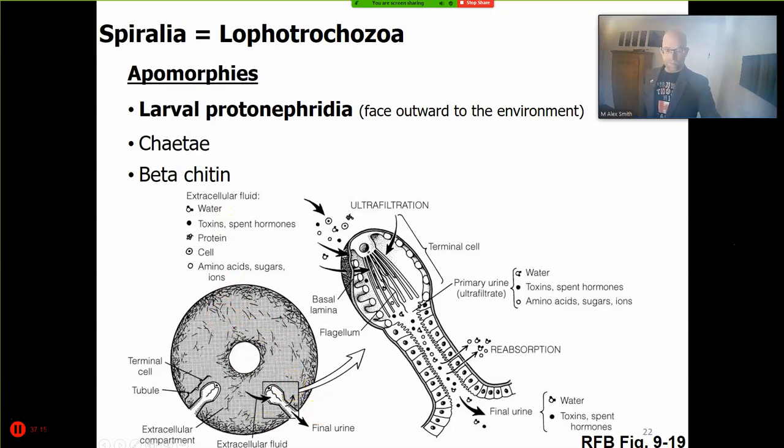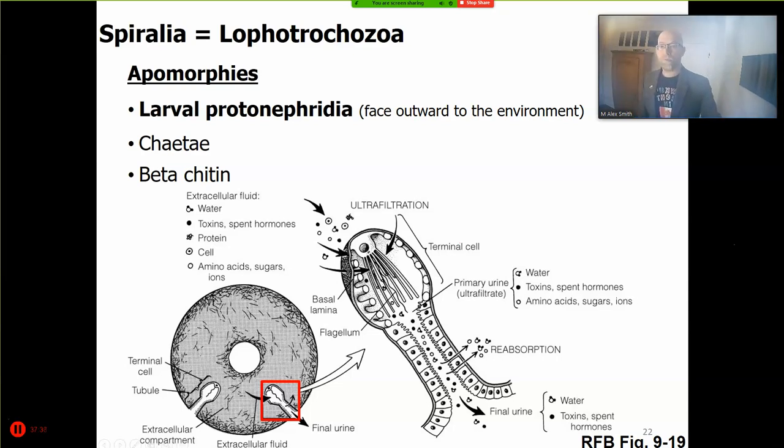This box here is blown up until we see this flame cell. So this is a protonephridia. This is the first derivation of, I believe, the mesoderm, that is associated with concentrating wastes, filtering them, and excreting them to the outside environment.